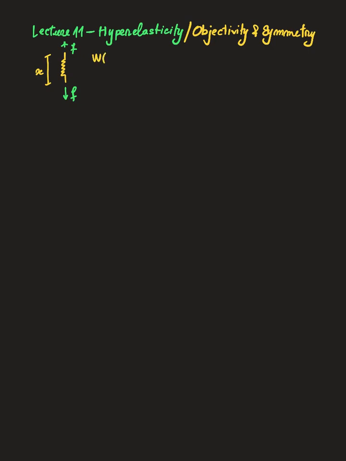This is equal to 1/2 of the elastic stiffness of the spring, k, x squared. And we know that the force in the spring is equal to the derivative of w relative to x, right? And everybody knows that this is equal to kx. So the force in this case, for example, is a force applied to the two extremities of the spring. I'm using lowercase f to avoid confusion with the gradient of deformation.